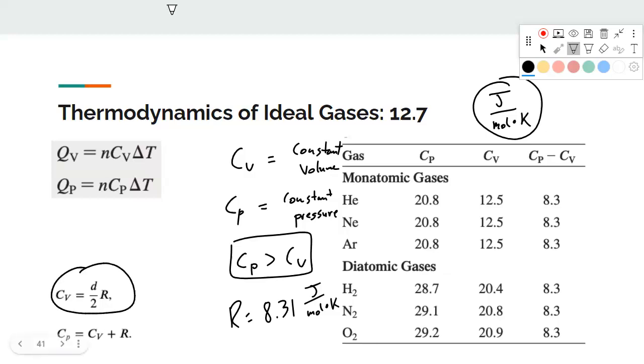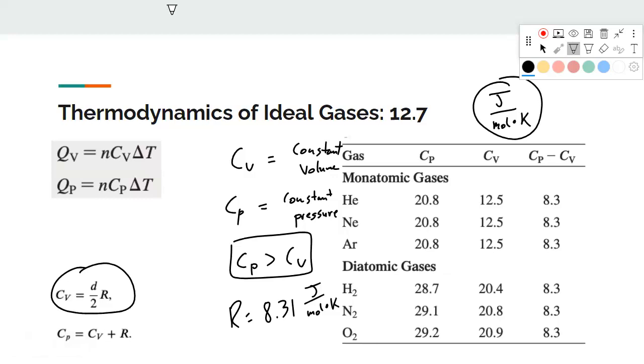And this is one of the, in my opinion, one of the coolest results of looking at the molecules, looking at the atomic physics to understand the macroscopic, the big scale physics. Okay, so let's think about a gas like these noble gases that's monatomic under standard conditions.